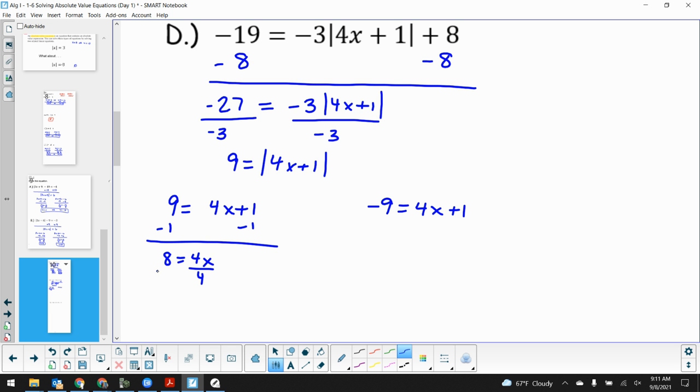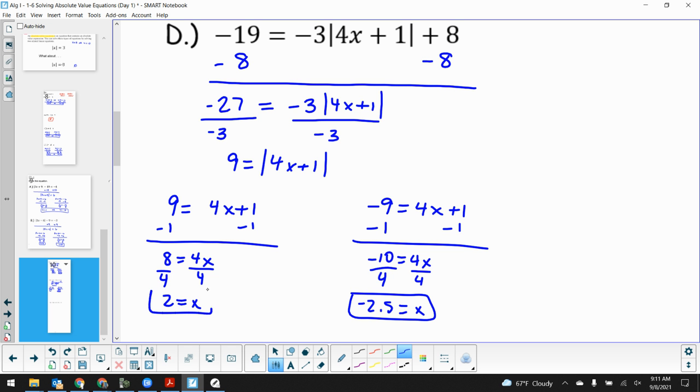We divide by 4 from both sides. We subtract the 1 from both sides. We divide by 4 from both sides. It's negative 2.5. Questions about that?